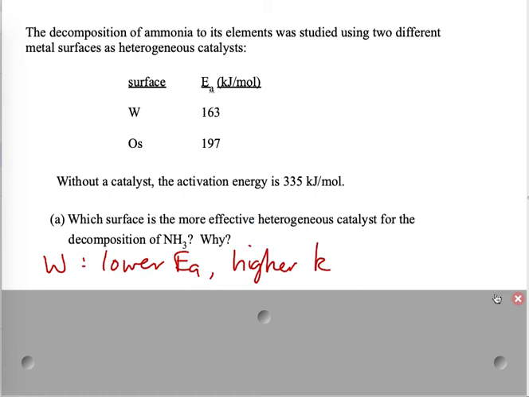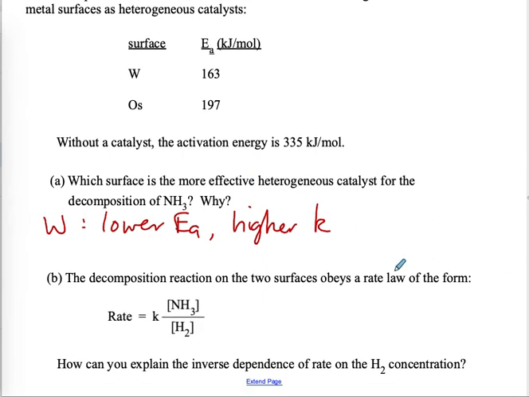Here's a final interesting question that really is kind of advanced. The decomposition reaction on the two surfaces obeys a rate law that is first order in ammonia and inverse first order in hydrogen. What does that mean? Well, obviously it means that as the concentration of H2 increases, the rate of reaction decreases. How could we explain that?